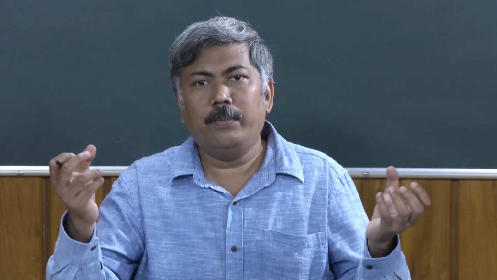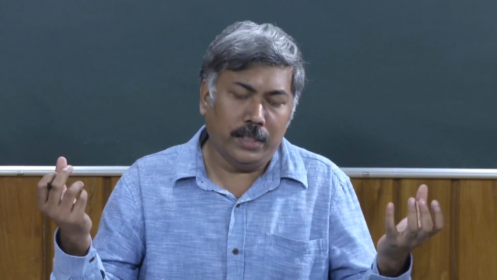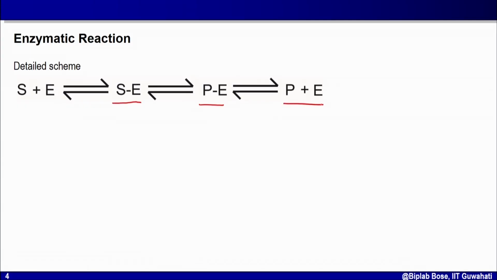And this PE now separates out to give me product and free enzyme. Now remember, all these steps we have considered at the beginning as reversible, because S and E binding is nothing but a binding process, so it is obviously reversible.